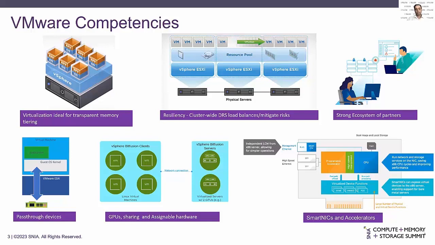So things like GPU direct and support for bit fusion kind of use cases, where hardware can be disaggregated. And recently, we also supported things like smart NICs. VMware also has supported things like telco accelerators. So VMware has been big in the accelerator space as well.